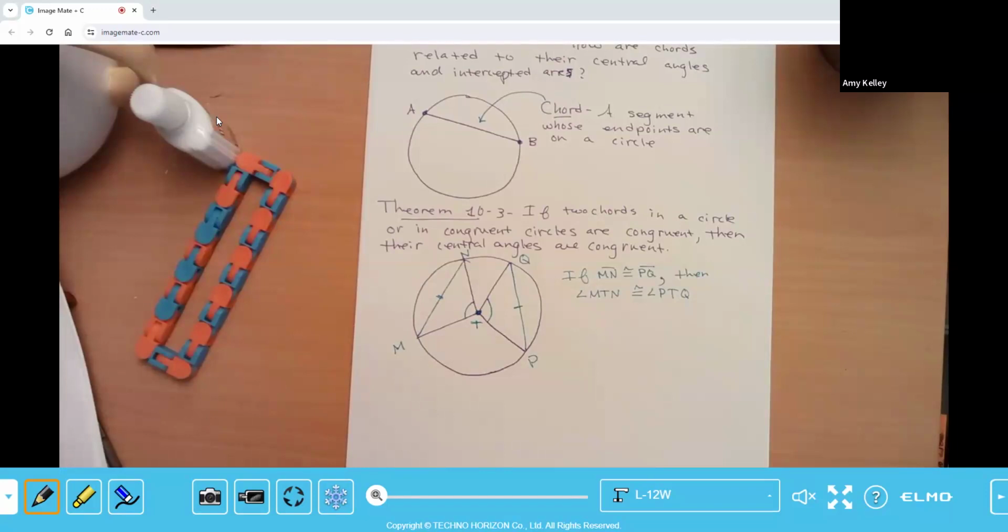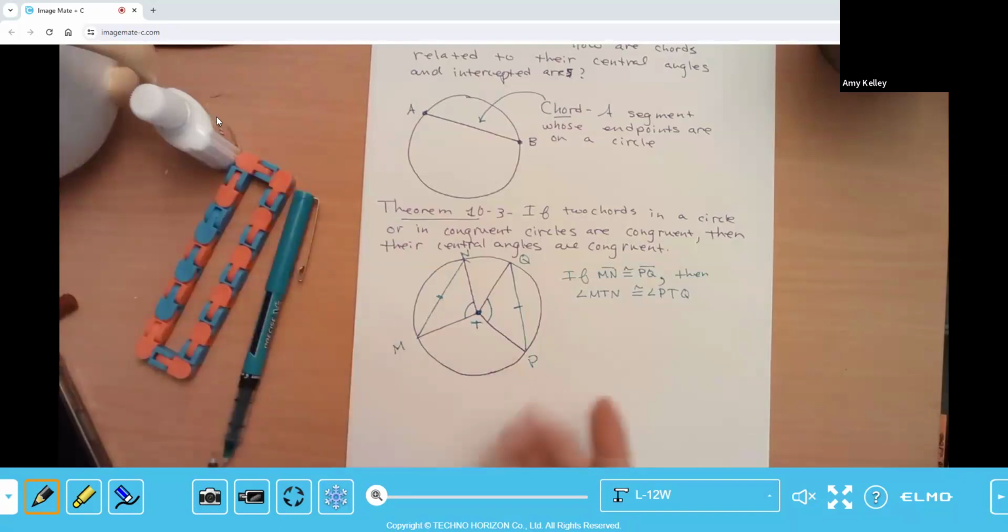Any questions? The converse of this theorem would simply be: if central angles are congruent, then their corresponding chords are congruent.